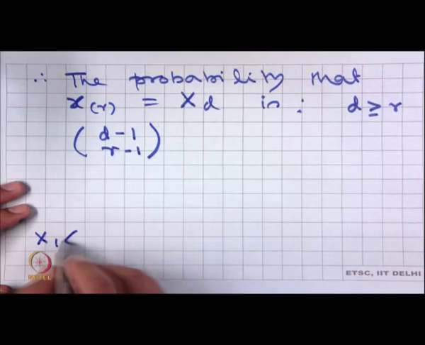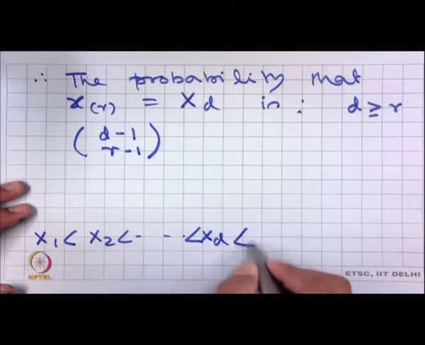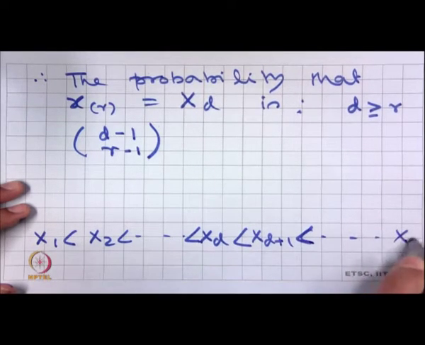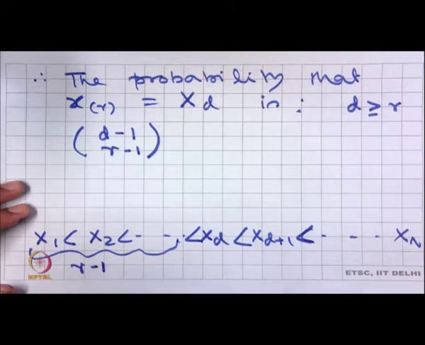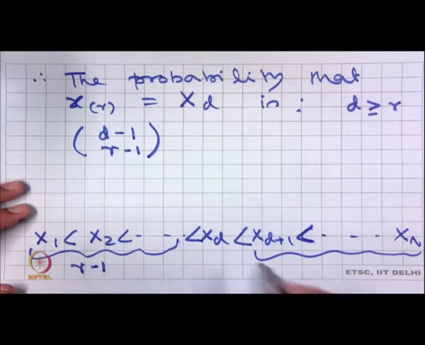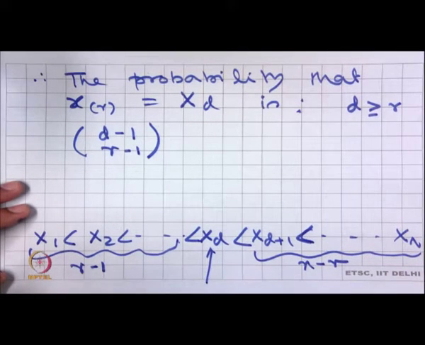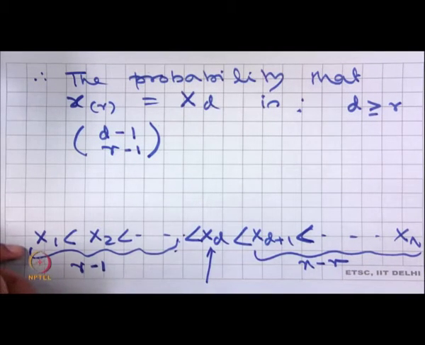So, x 1 less than x 2, so from here I have to choose r minus 1, and from here I have to choose n minus r, and 1 will come from x d. So, this can be chosen in d minus 1 c r minus 1 ways.